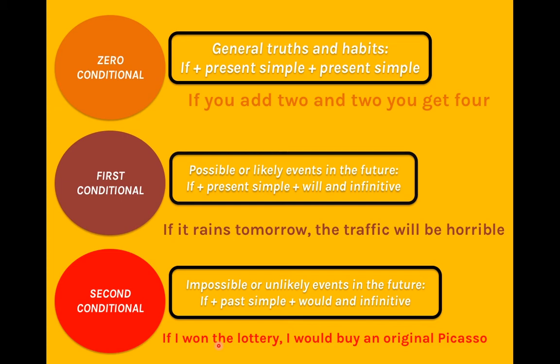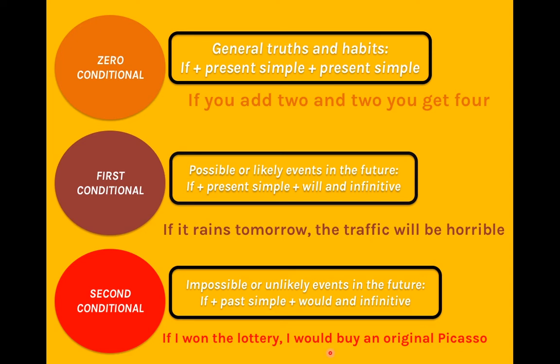So, in this case, we're talking about an event in the future which is almost impossible or unlikely. Because the condition is winning the lottery, we use the past simple in the condition, and to express the result of the condition, we use would.